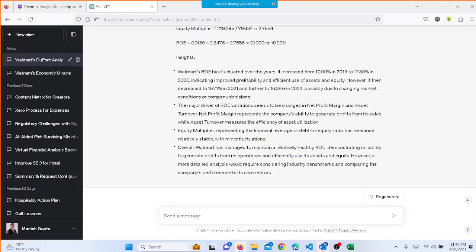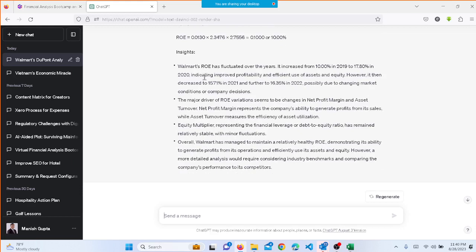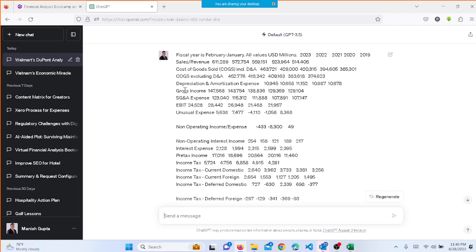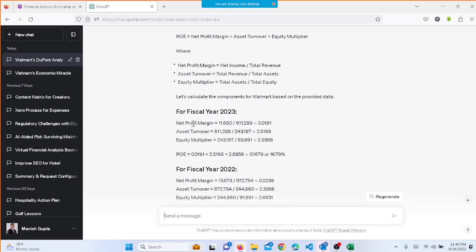So it's a slightly different way of calculating, but a result is given. ROE has fluctuated, so it is giving us similar results to what we arrived at by ourselves, but it's much faster, right? You can see it has just taken a few seconds, and it has given a detailed answer to us. Now AI, you can use this, but the problem with the AI is that it's limited. You can copy as much data as you can with the free version.